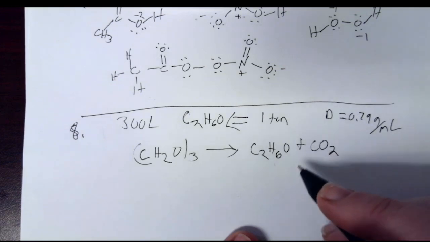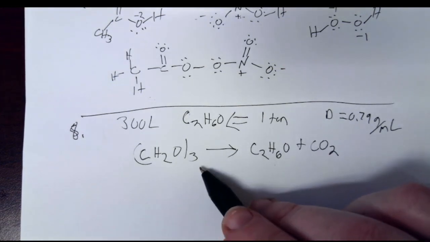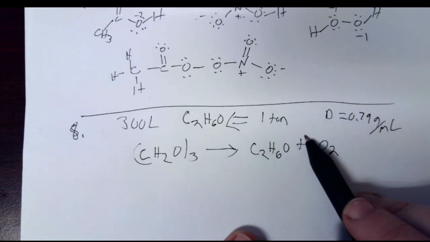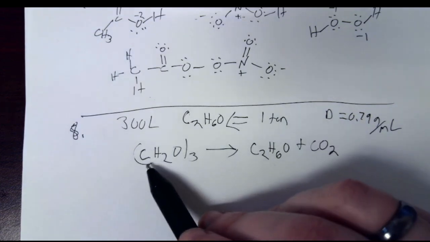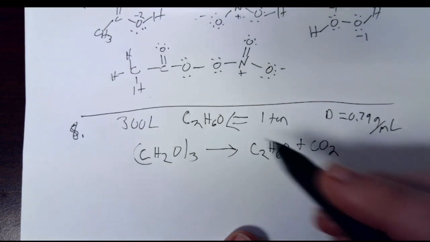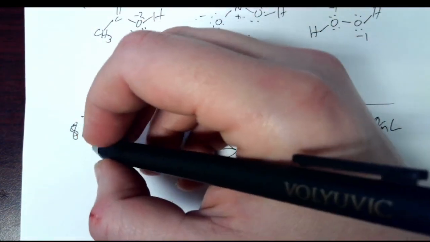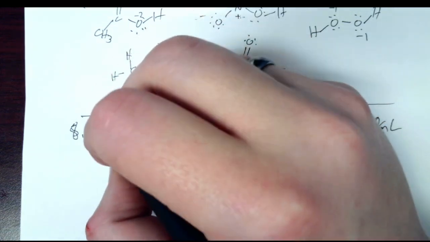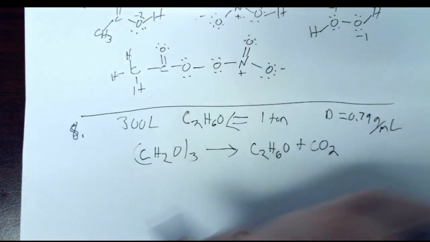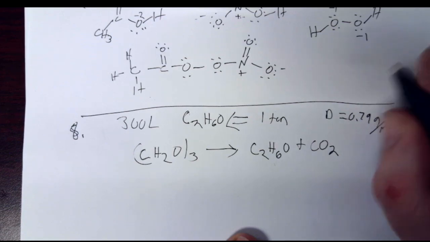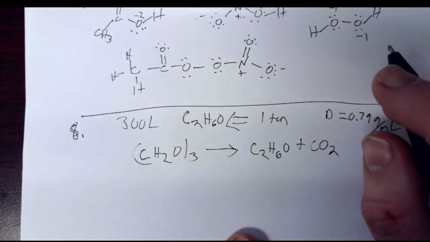So the first question is, considering this process, how much ethanol could be produced if I took 1,000 kilograms of this biomass and assumed 100% conversion into this? So 1,000 kilograms.